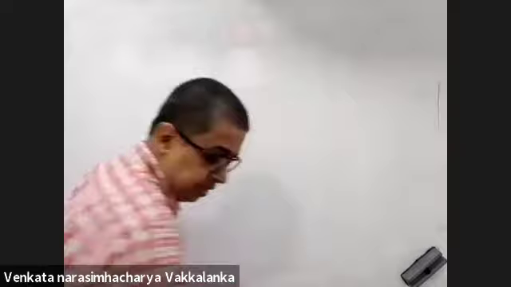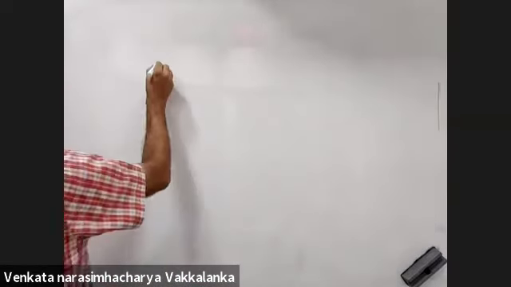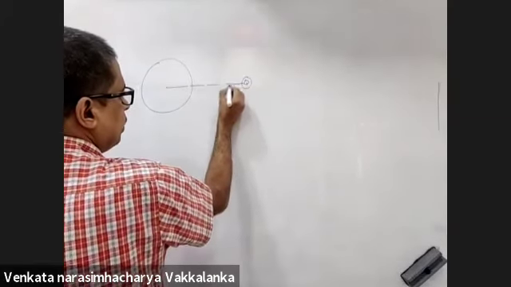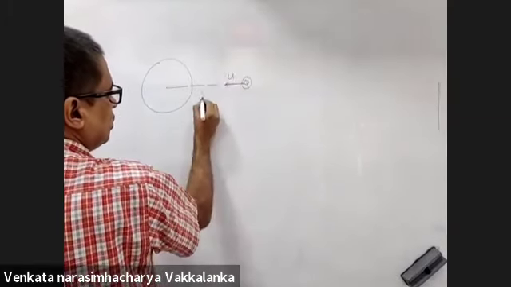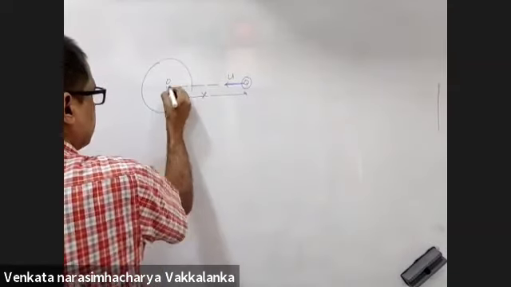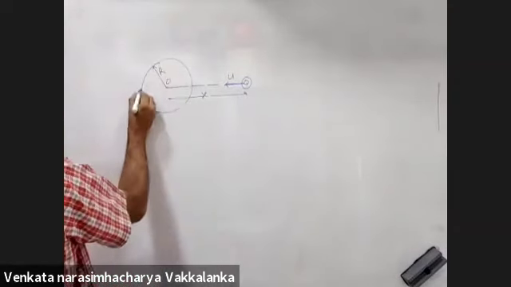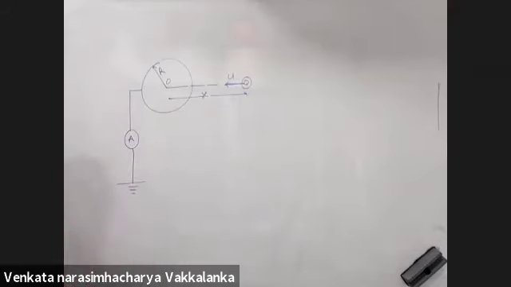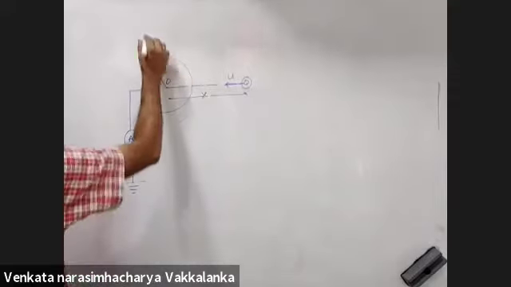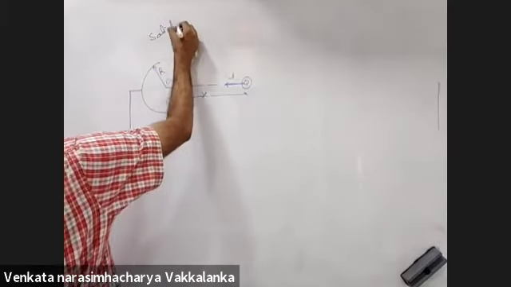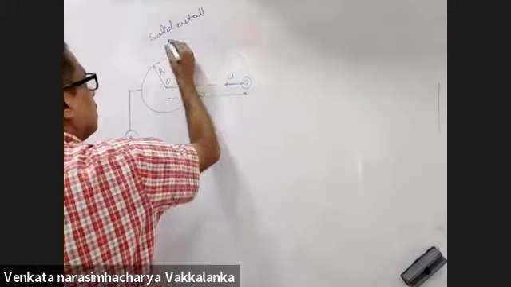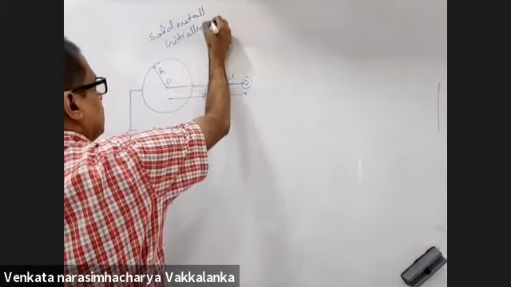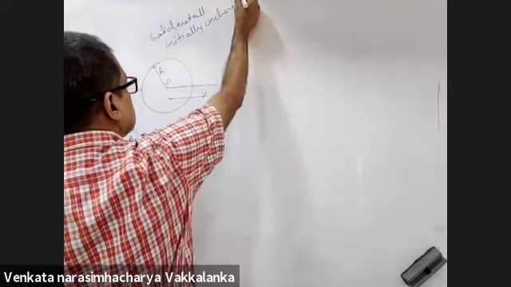Then they said in the next stage, what if the charge Q here is moving with a velocity of U at a distance of x? Solid metal, initially uncharged.